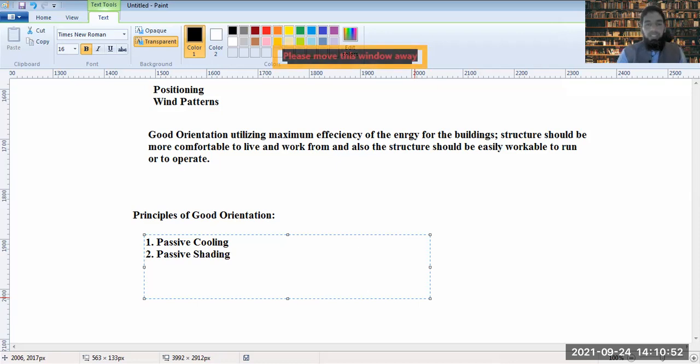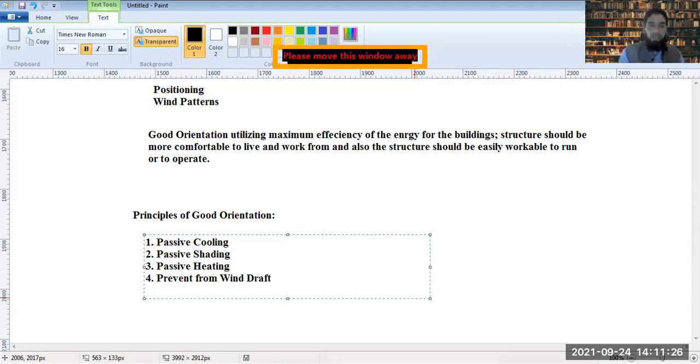These two will be utilized during the summer months, and during winter months where you have cold climatic conditions, good orientation should provide passive heating. At the same time, it should prevent wind drafts, which are cold winds that blow during the winter in a particular direction.